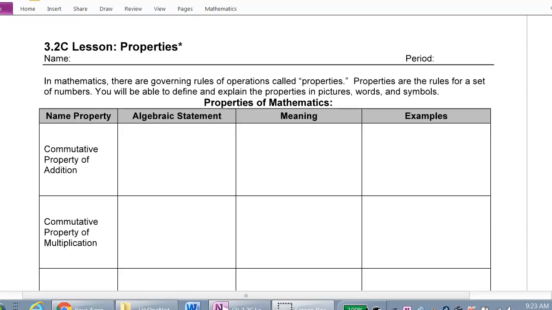Starting with the commutative property of addition, for the algebraic statement, remember we can say that A plus B is equal to B plus A. And the commutative property of addition simply means that we can change the order for addition.